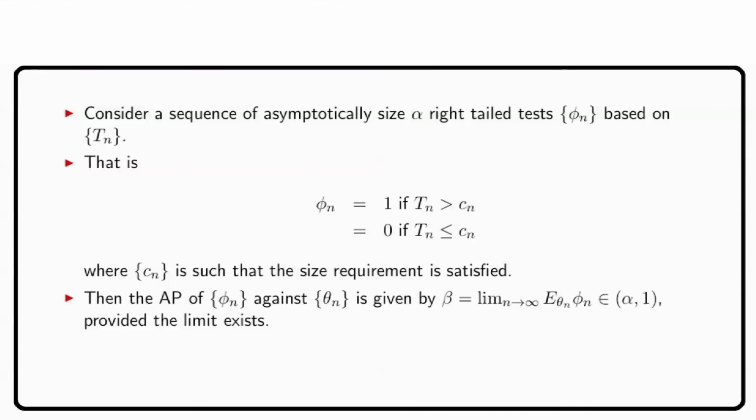That is, phi n is equal to 1 if Tn is greater than Cn and 0 for Tn less than or equal to Cn, where Cn is a sequence such that the expected value under theta of phi n tends to alpha for all theta belonging to omega naught. Then the AP of the sequence phi n against the sequence theta n is given by beta, equal to the limit, n tending towards infinity, of the expected value of phi n under theta n, which belongs to the open interval (alpha, 1), provided the limit exists.